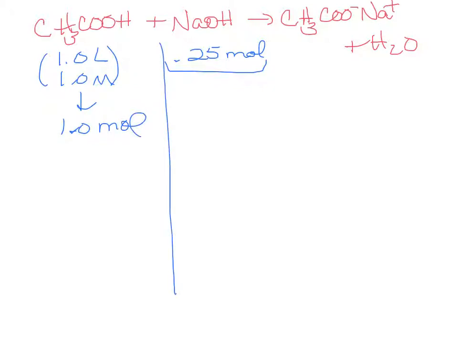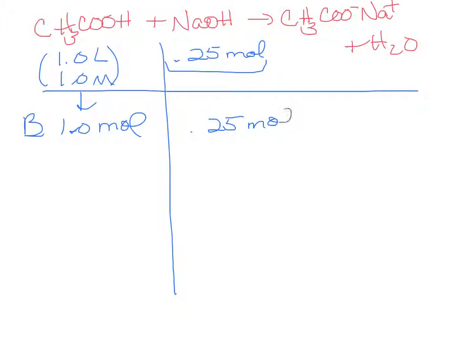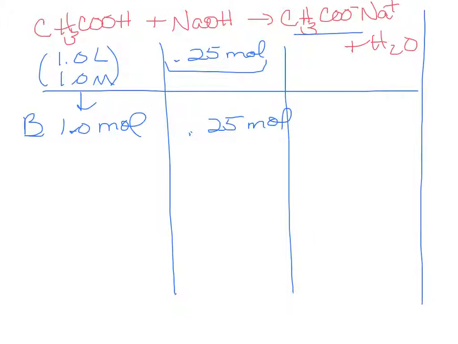What I would do here is simply a mole table where we have the before values, before the reaction. I'm going to just rewrite the 0.25. And I want to include the acetate, the conjugate base, in this mole table also because it's part of a buffer system.